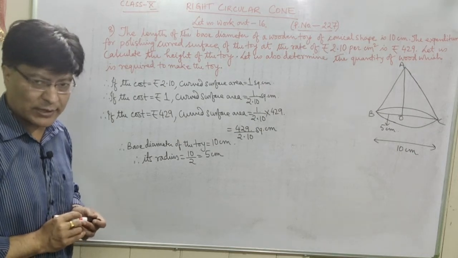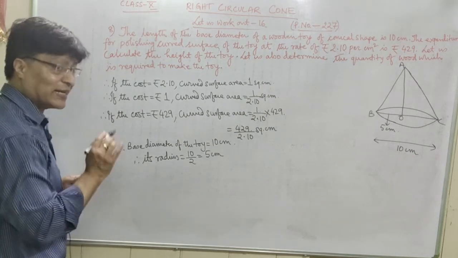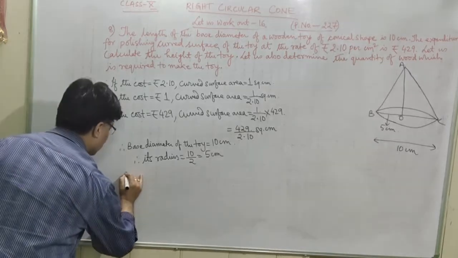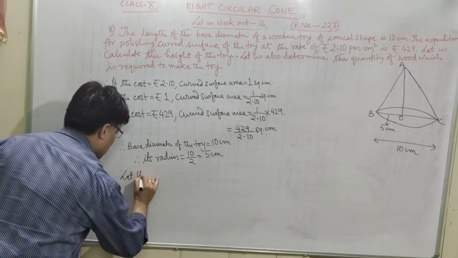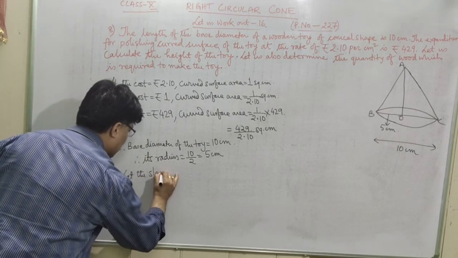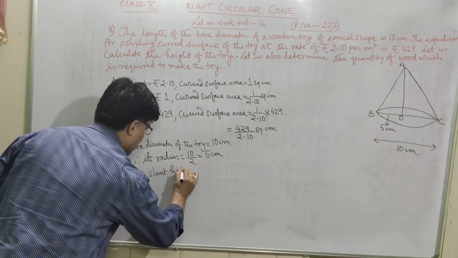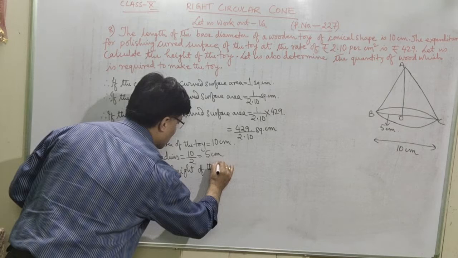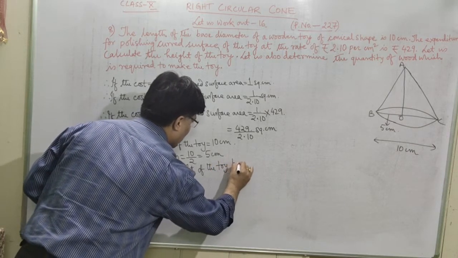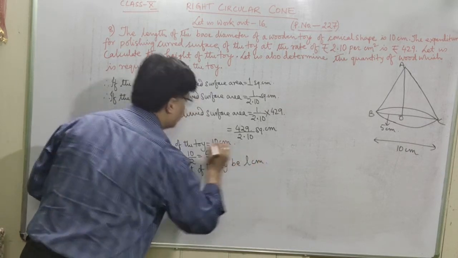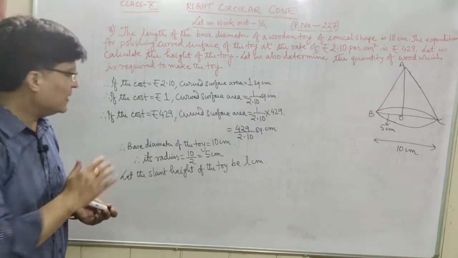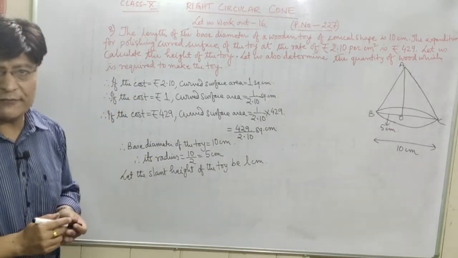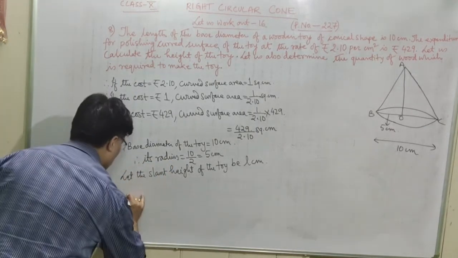So I think you have understood it. So let us assume the slant height of the cone. Let the slant height of the toy be L centimeter. So again, in this case, you can find out the curved surface area of the conical toy.